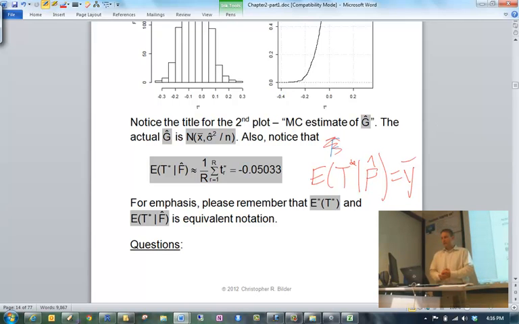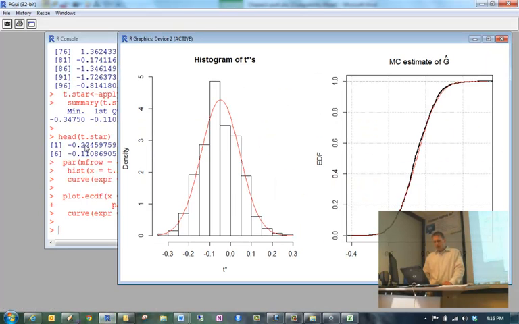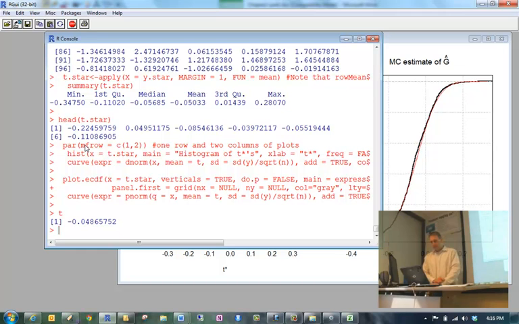We know the distribution of G hat. The approximate value using Monte Carlo simulation, or in other words, what we call resampling in our class, is simply 1 over 1,000 times the sum of all these T stars. And you get negative 0.05033. What was Y bar exactly? Negative 0.049. So we can see how we're quite close, which would be expected from the law of large numbers.